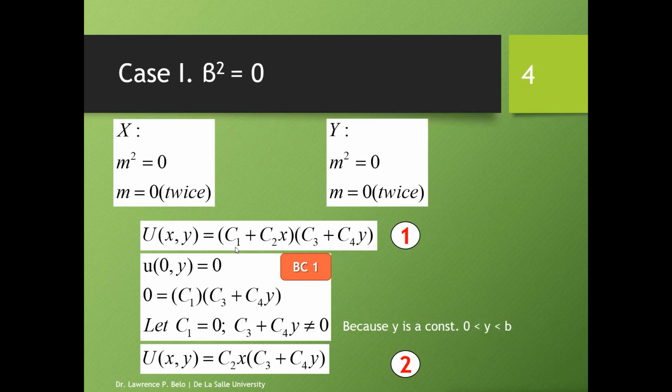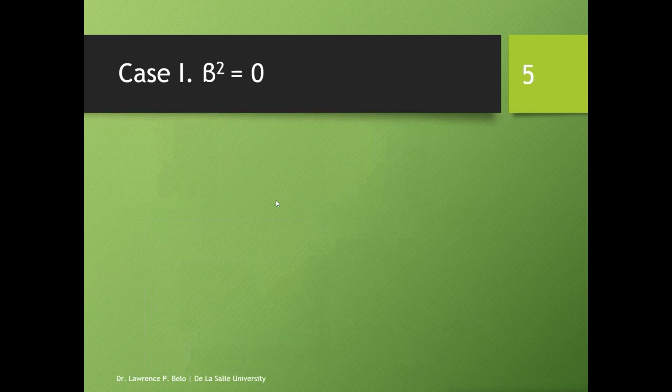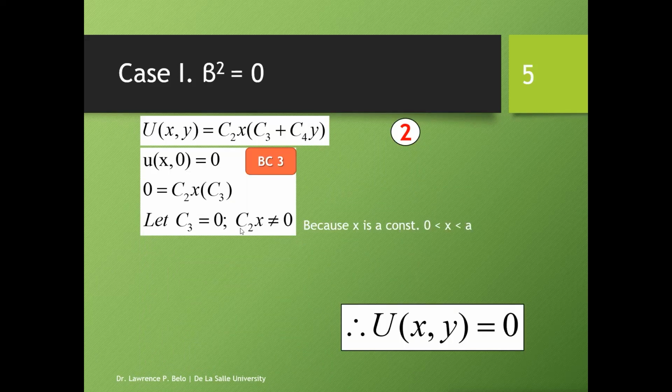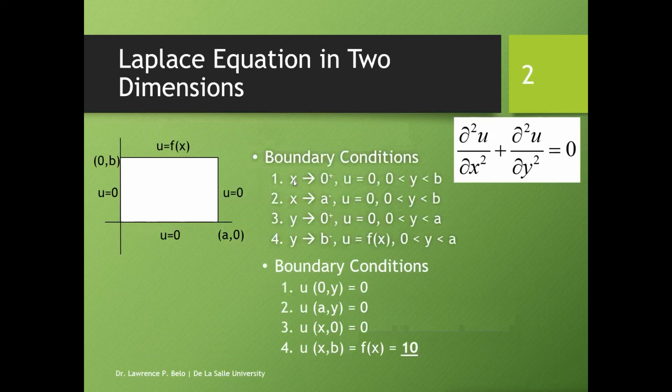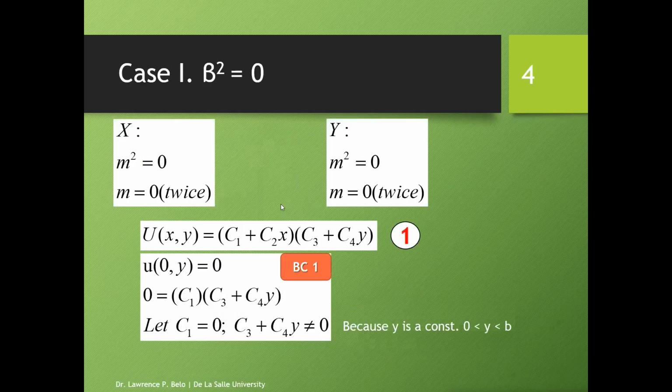Why? Because the C2 times x, which was earlier here, isn't it that C1 was the one we made 0? Here, x cannot be 0, because unless your C2 is 0, the product of C2 times x cannot be 0, since x should be greater than 0 but less than a. If you go back to our limits, it's 0 positive from the right side and A negative from the left side, so it cannot equal A exactly.